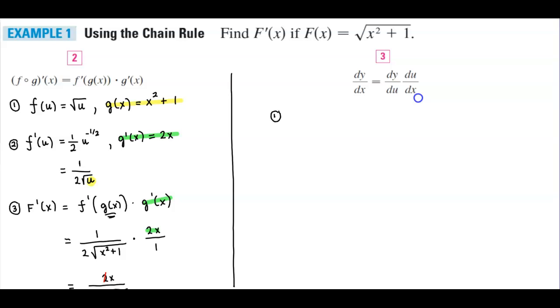What we're going to do is let u represent x squared plus 1, and we're going to say that y is going to equal the square root of u.